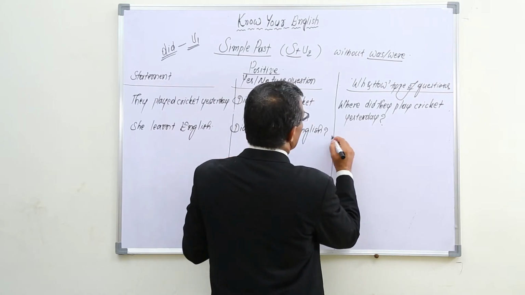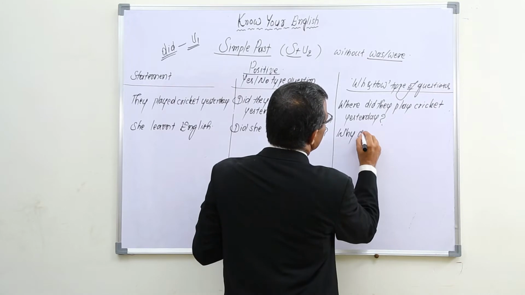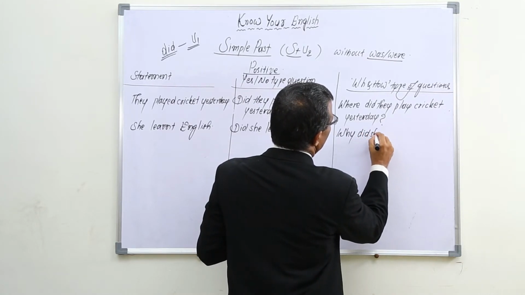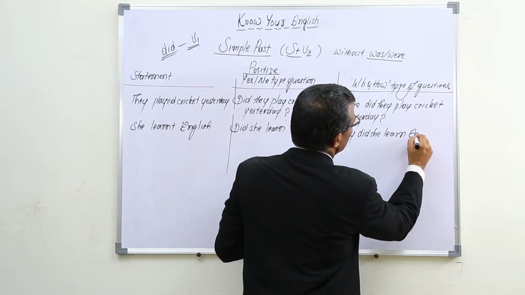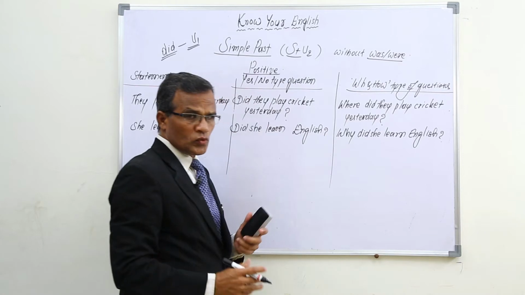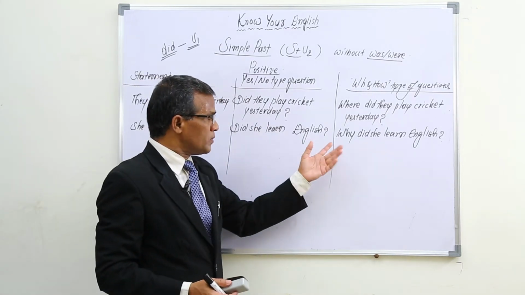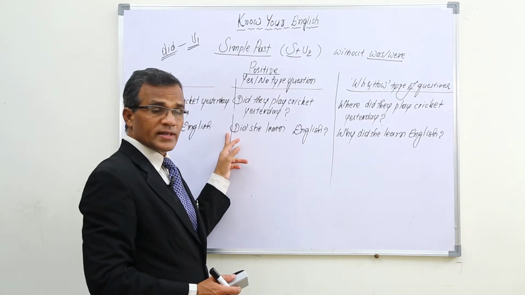And to put a question with why: why did she learn English? If you want to put a question with a WH word like why, you simply use that word before the yes or no type question.